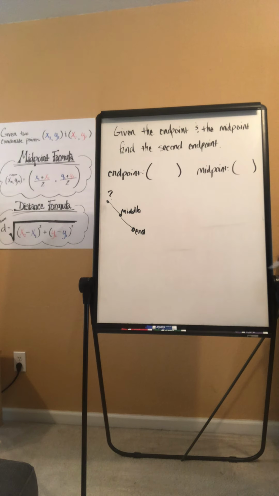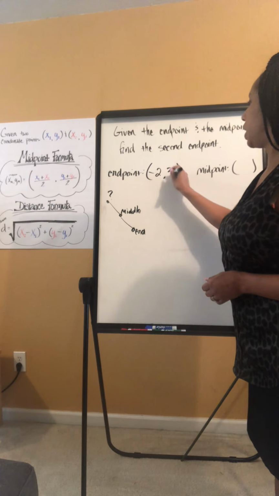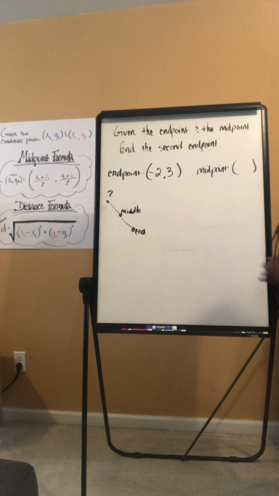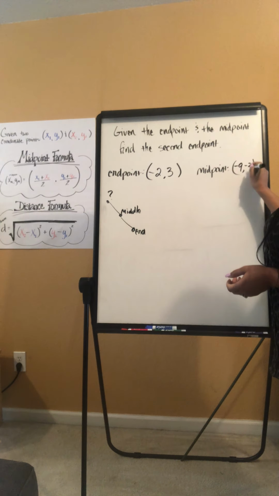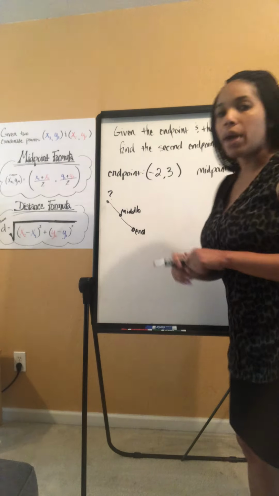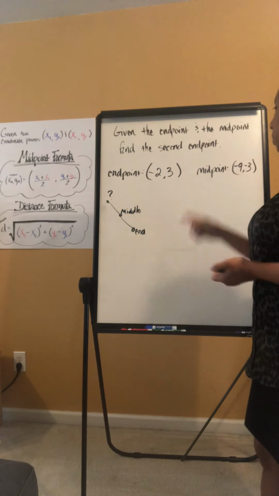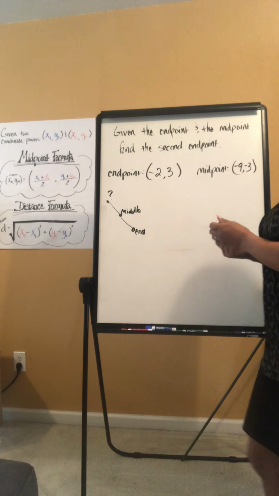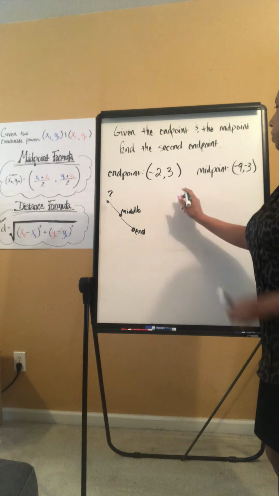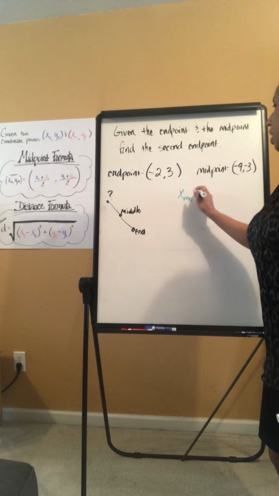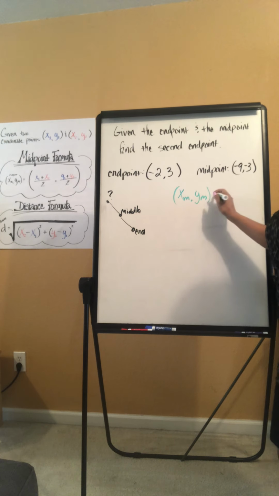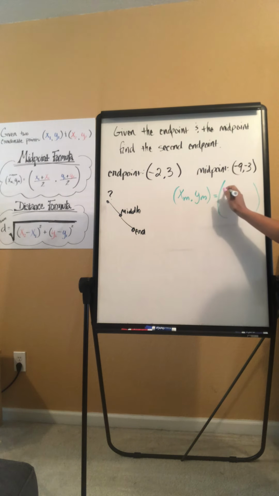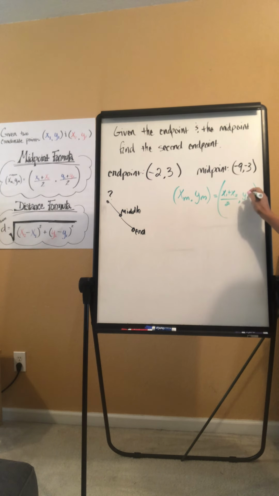So say I gave you the numbers negative 2, 3, and I gave you a midpoint of negative 9, negative 3. Okay, so since we are referring to the midpoint, I want to use the midpoint formula. Again, that midpoint formula was where the middle came from adding up your x's and dividing by 2, and then adding up your y's and dividing by 2.